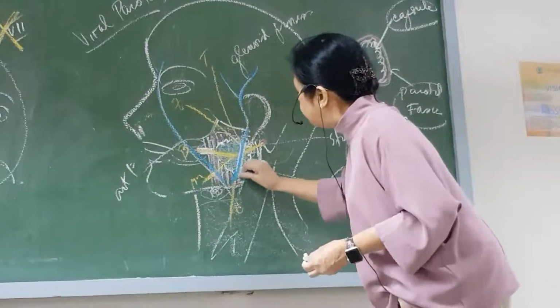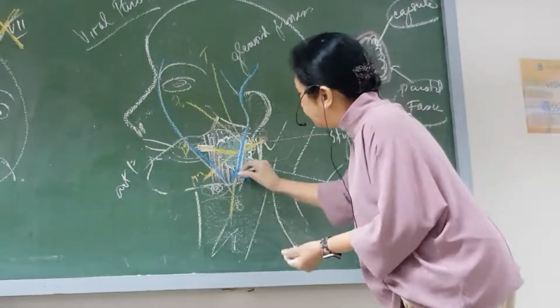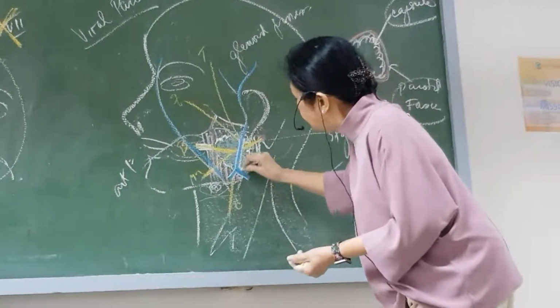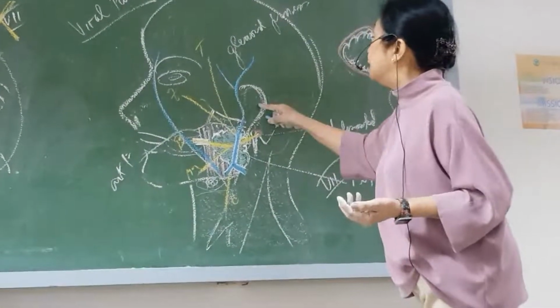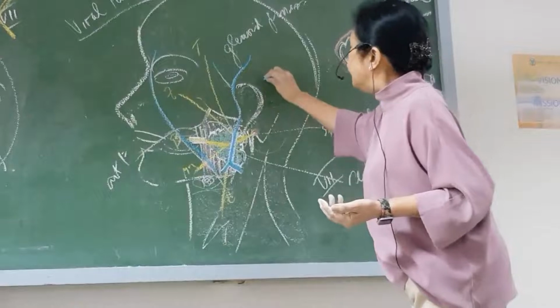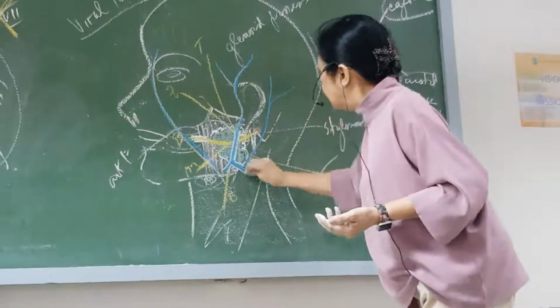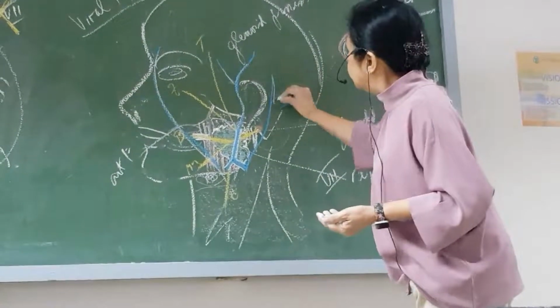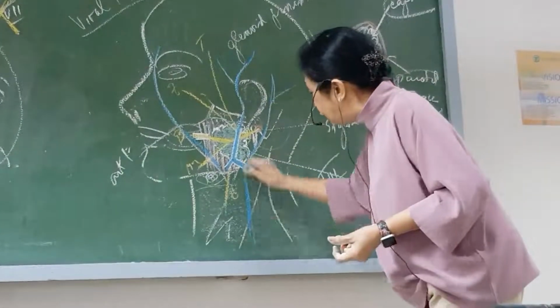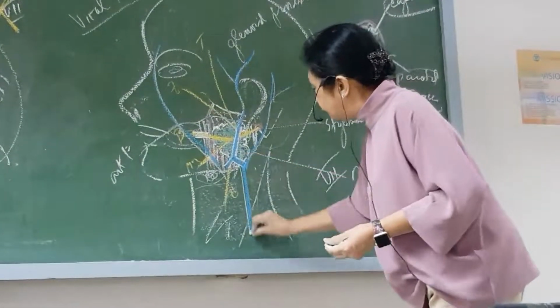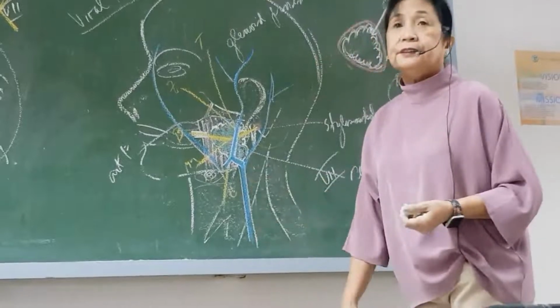Anterior division at saka posterior division. Anterior division at saka ito, posterior division. Ang posterior division sasama sa vein na sa likod ng tenga. Ano yun? Posterior what? Auricular. Para maging vein sa labas ng sternocleidomastoid. Ano nga ito? Ano na alam nyo? External jugular vein. Okay?